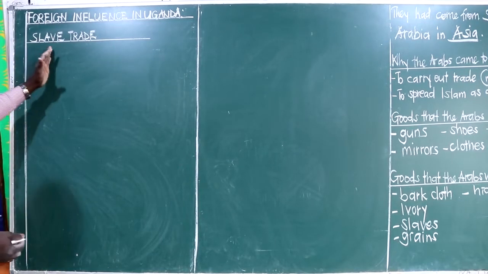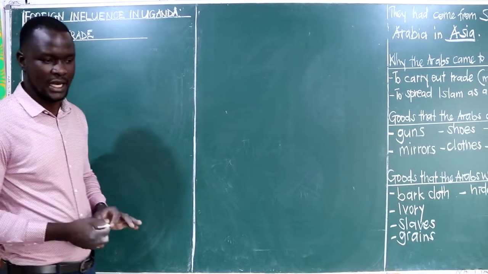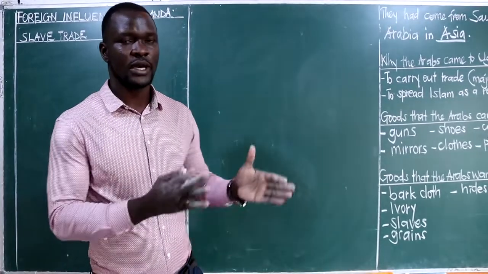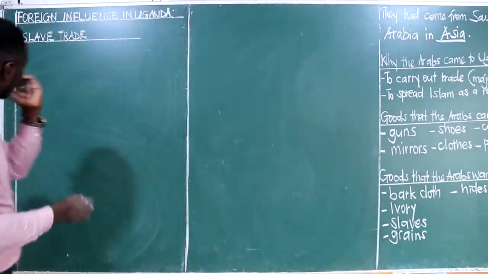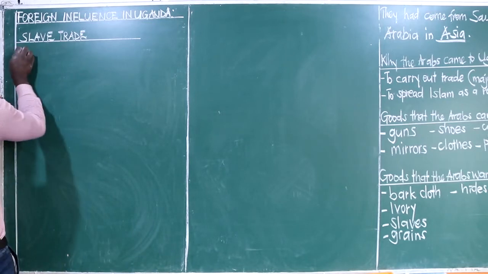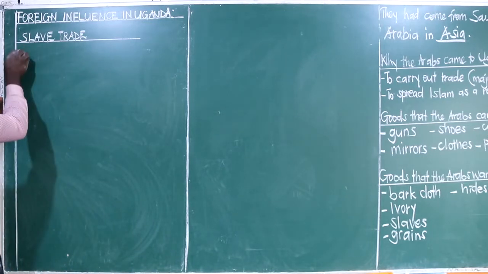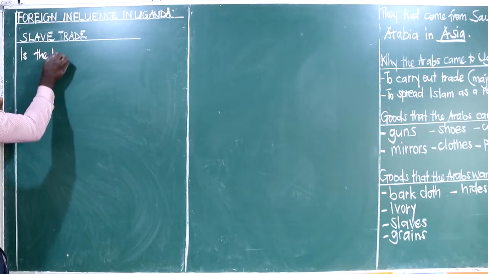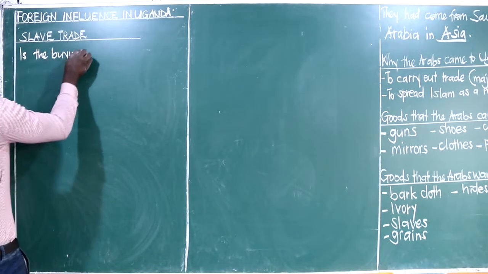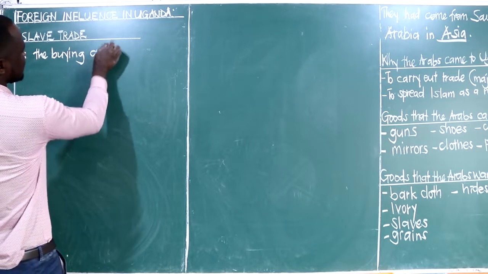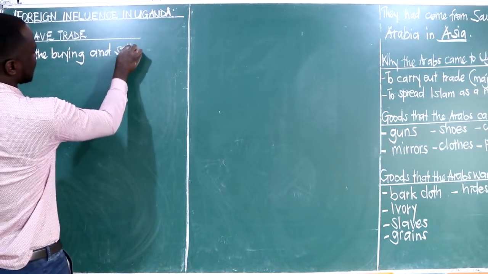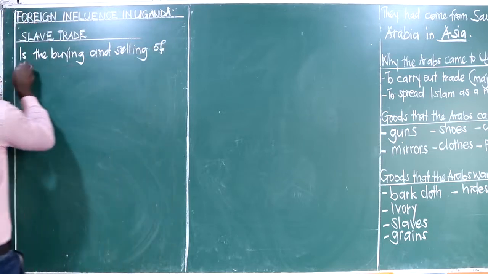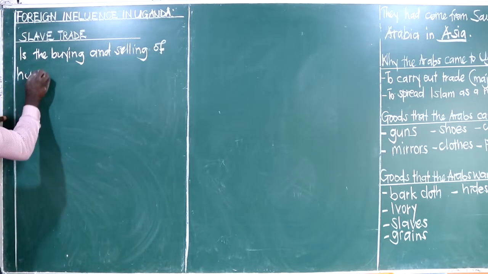So we are looking at slave trade, as we say that the Arabs wanted slaves from Uganda to help them carry their goods. So it brought what we call slave trade. So when we are defining slave trade, we shall say slave trade is the buying and selling of human beings.